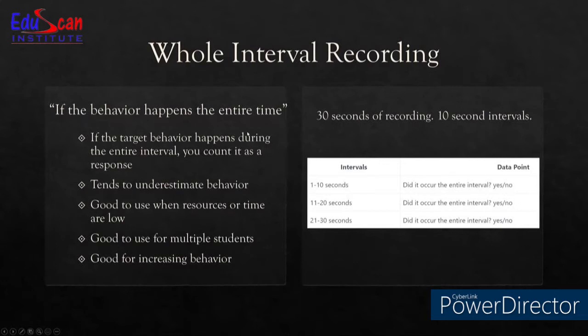But if it occurred from 1 to 9 seconds, it is counted as no. And that is why we say it underestimates behavior, because in that case, those 9 seconds of behavior are not considered. And time and again I say that in whole interval recording, because it is discontinuous measurement, it underestimates behavior.